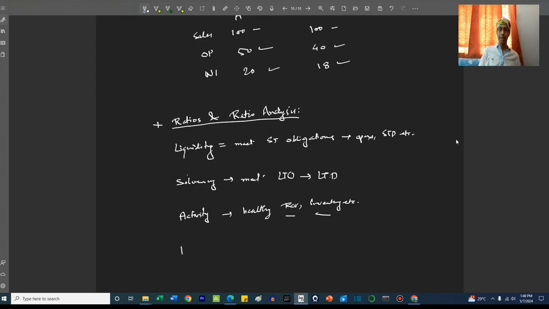Then there are profitability parameters. The company should be able to have a healthy net income, a healthy profit before tax, a healthy operating margin, etc., etc. A healthy gross margin. All these numbers become important.